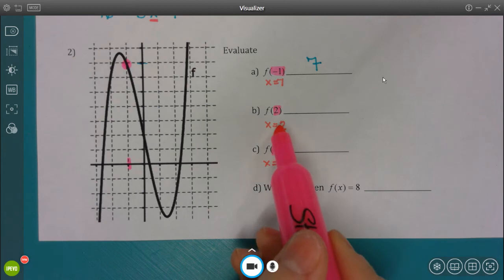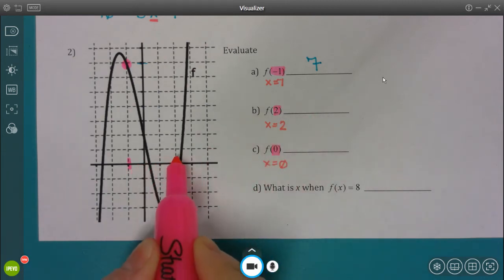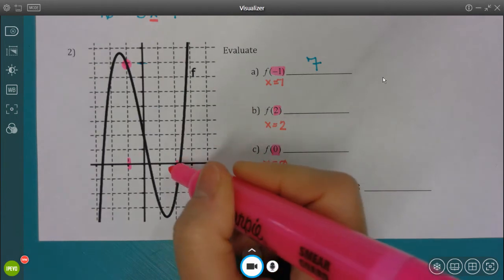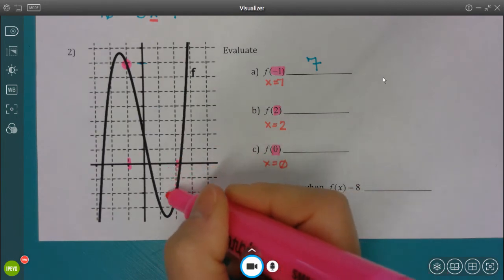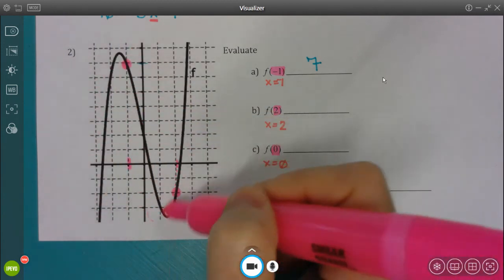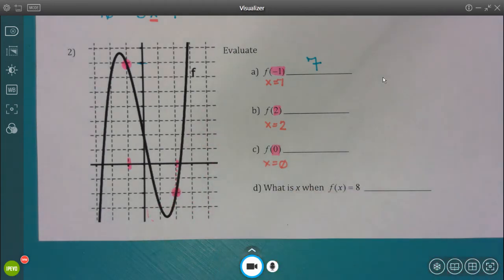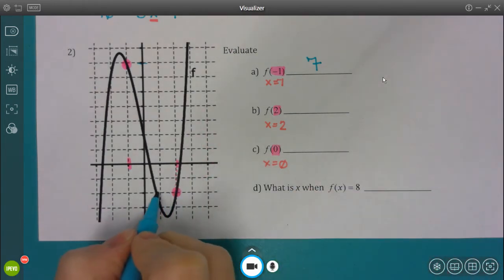I'm going to do the same thing when x is equal to 2. Well, 1, 2, here's x equals 2. I'm going to go down. There is my point on this black line F, where x is 2, and the output value for that is right here.